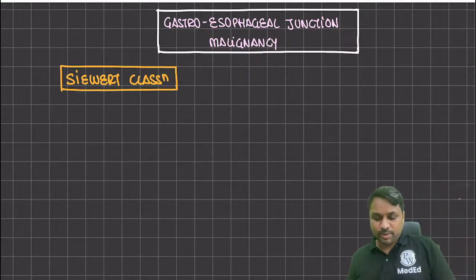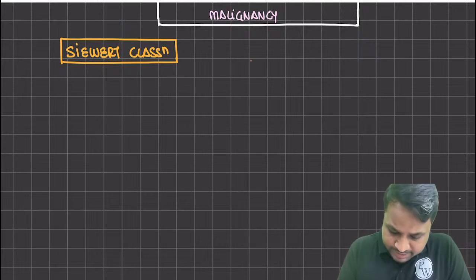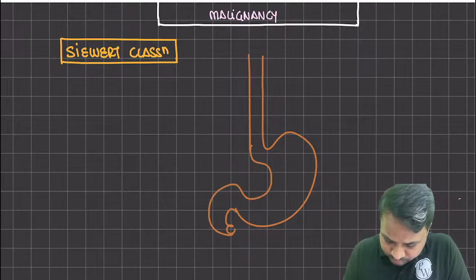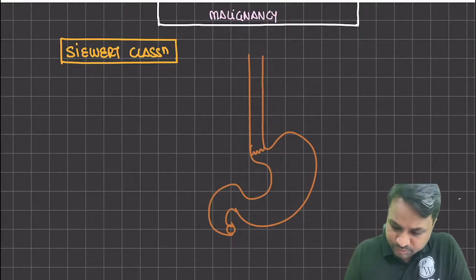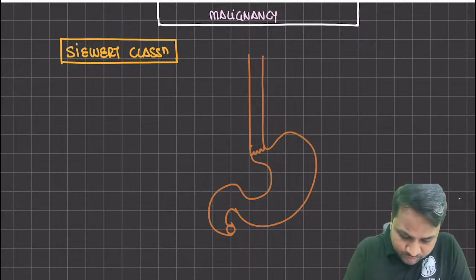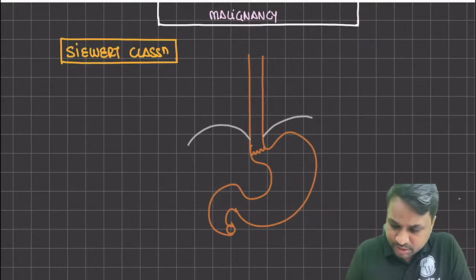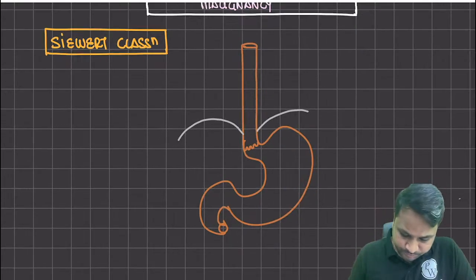right? So when you talk about the Sievert classification, let's try to understand it this way. Let's say this is the esophagus. This is the stomach. And this is the gastroesophageal junction. This is the diaphragm, which we are not really interested in in this particular context. Okay. Now we are going to mark the margins here.